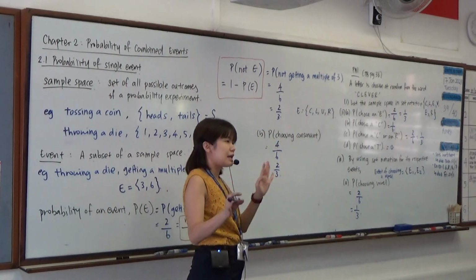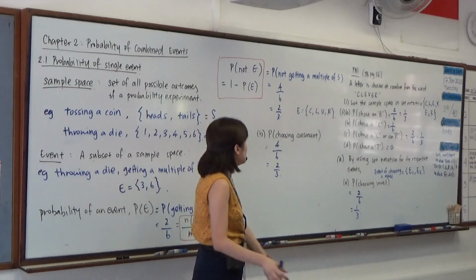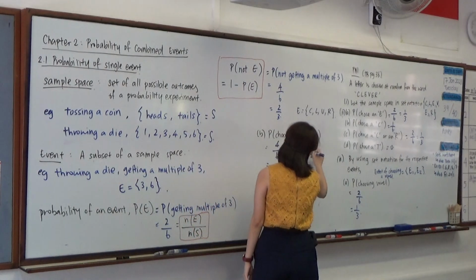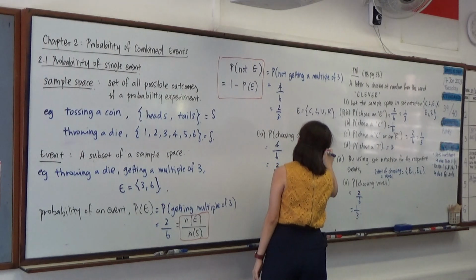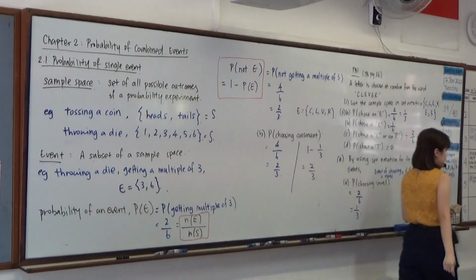Consonants and vowels are actually complements of each other. You cannot have a consonant that is also a vowel. So therefore, we can do 1 minus 1/3 to get 2/3. Alright? So this idea, I'm confident that you already know.